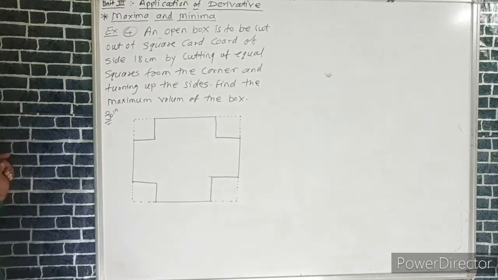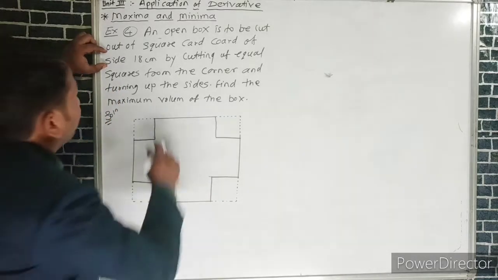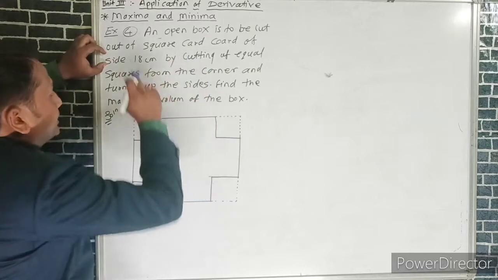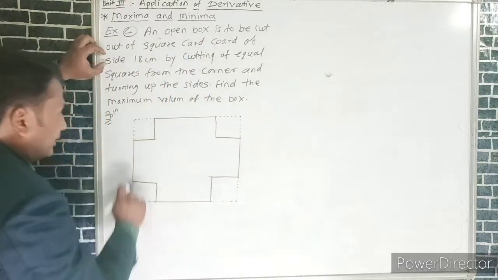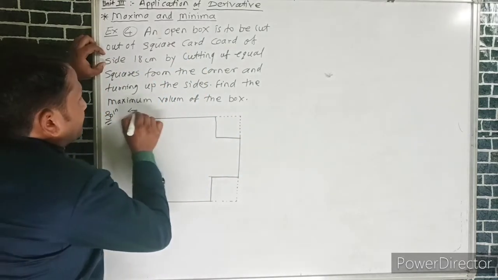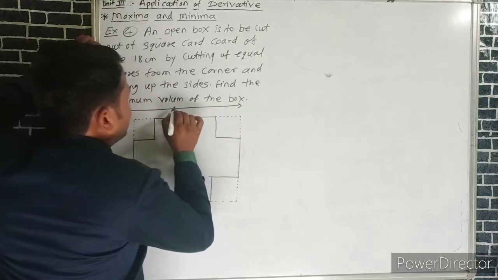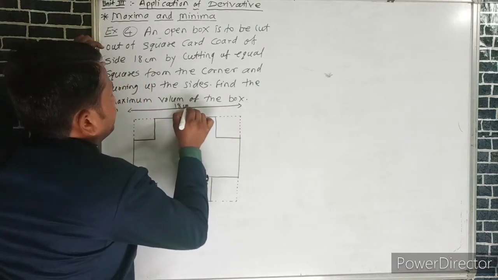So here we have to find the volume of the box after cutting the corners. By the given condition, the side of this square cardboard is 18 centimeter.